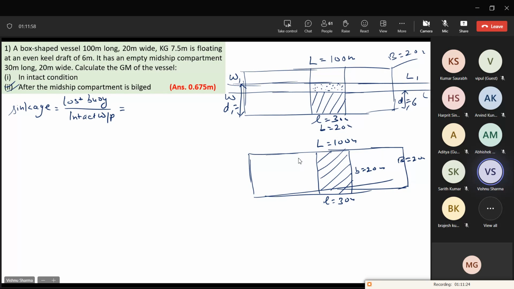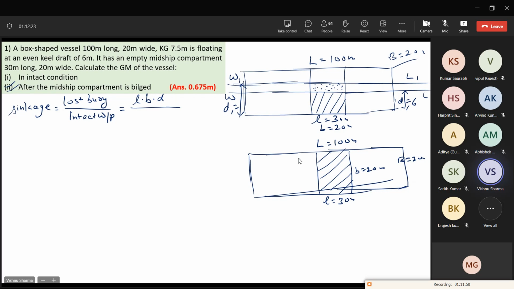It's already shaded. Intact water plane will come from the lower diagram, the water plane diagram. Look at the upper diagram. See the lost buoyancy shaded portion. It's lbd. Next, come to the lower diagram for intact water plane.